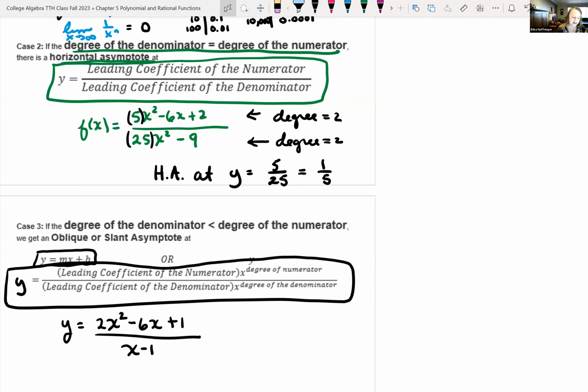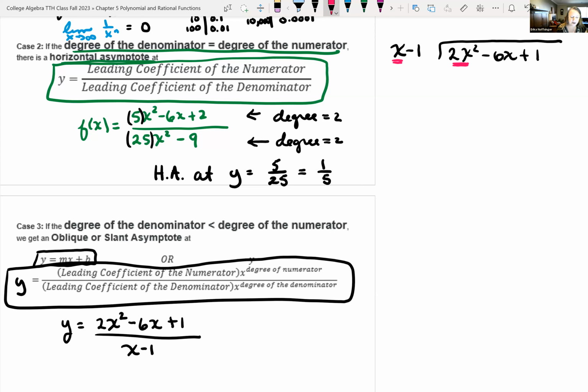So I'm taking my x minus 1 and I'm dividing it into my numerator, which is 2x squared minus 6x plus 1. What we're looking at is the first term in our divisor, which is x, and we're thinking to ourselves, what do I multiply x by to get back this first term in my dividend, which is 2x squared?